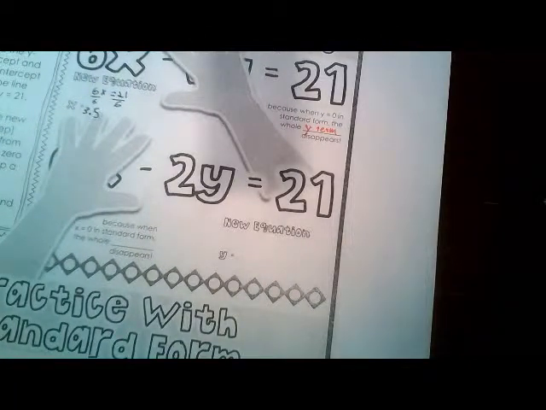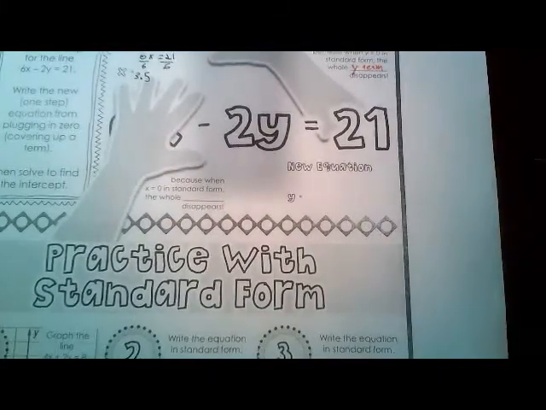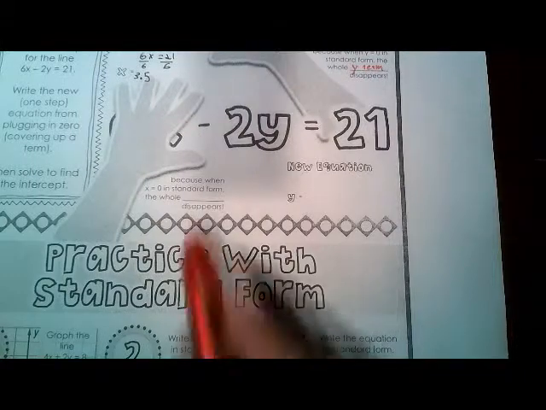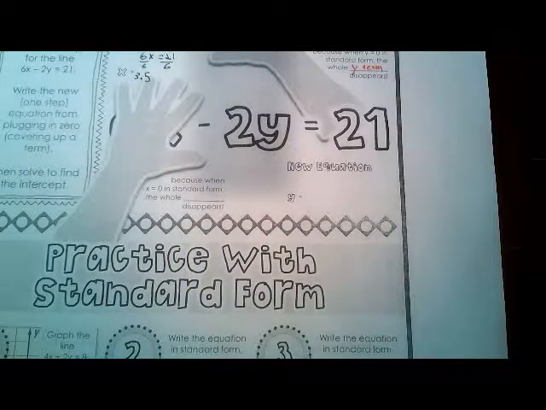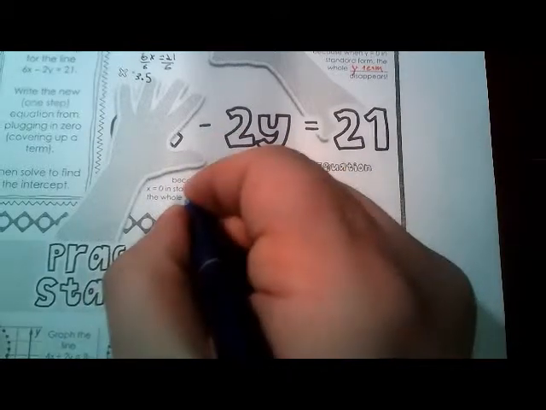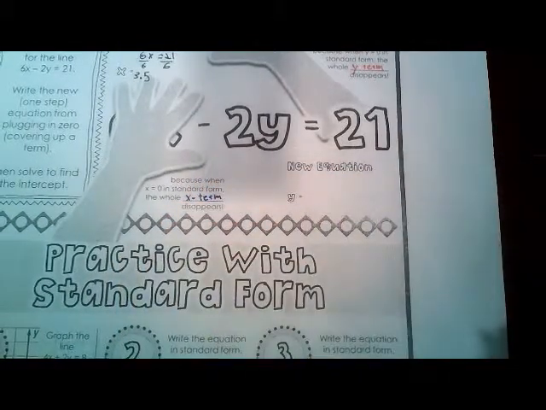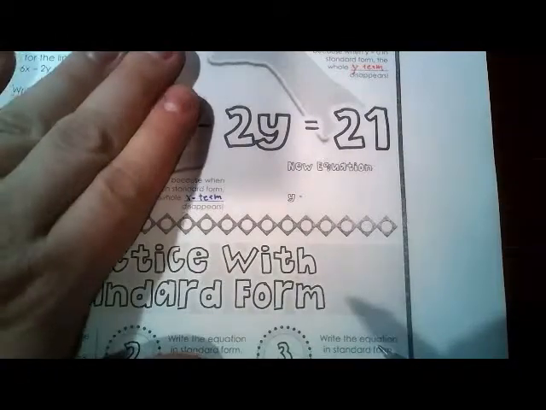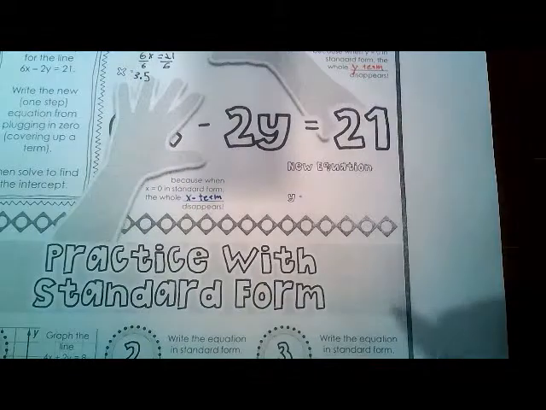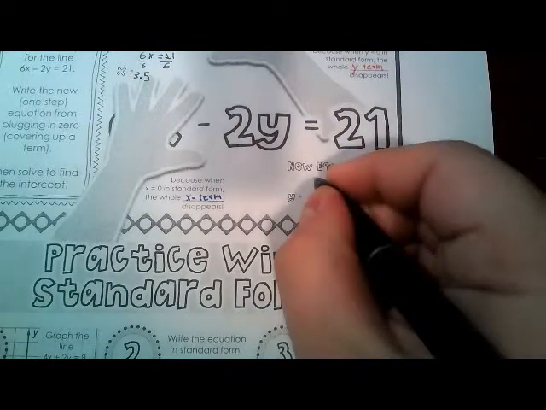Same thing works with the y-intercept. To find the y-intercept, we completely cover up the term with x, and we can do that because when x is 0, the whole x term disappears. So we cover up the 6x in this one. We have negative 2y equals 21.